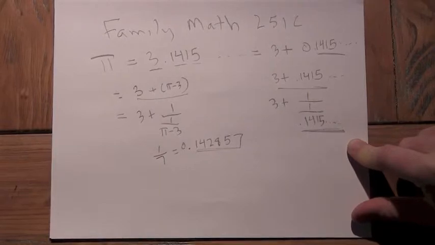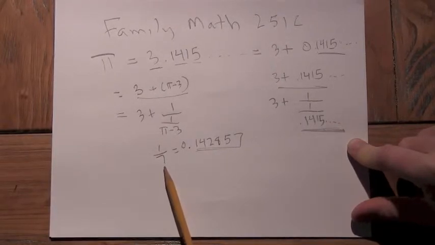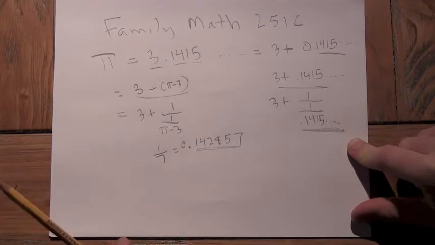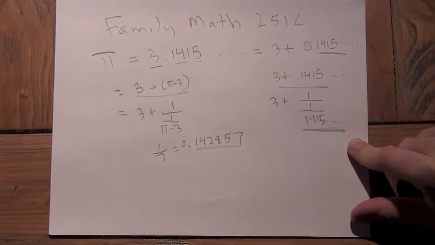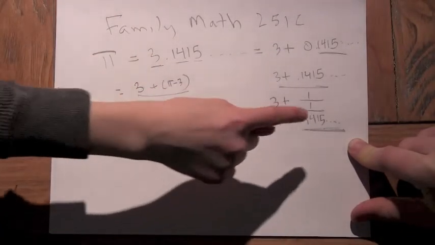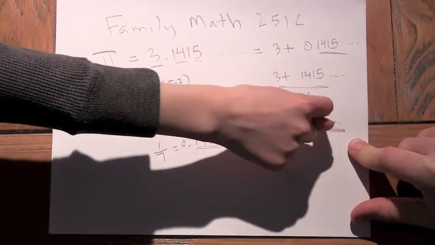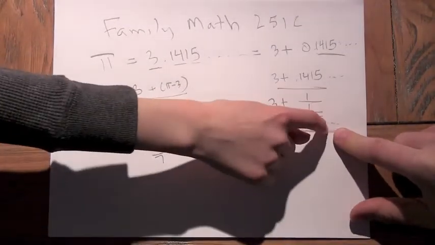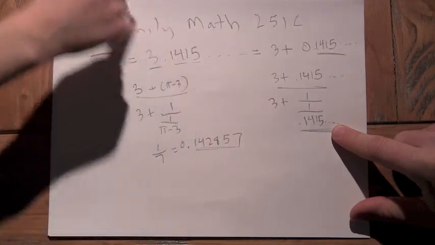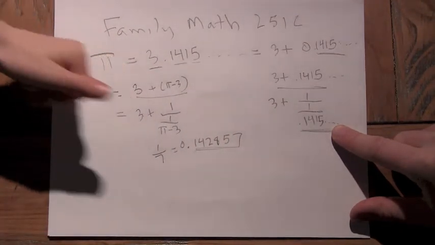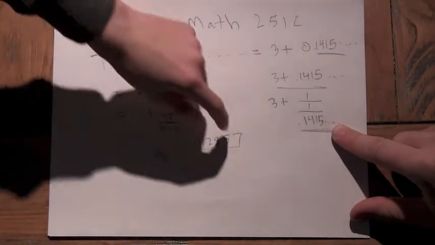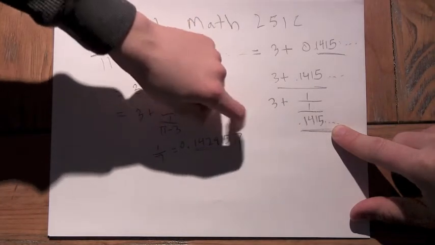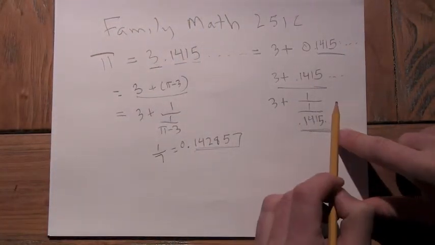And what does that mean the reciprocal is going to be? Is it going to be bigger than 7 or less than 7? Since this number is less than 1/7, when we flip we get 1 over that, which is what we have here.